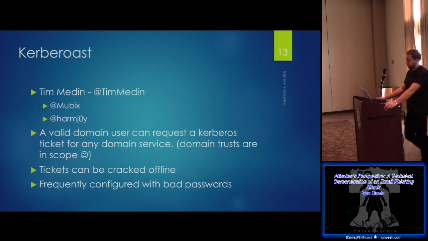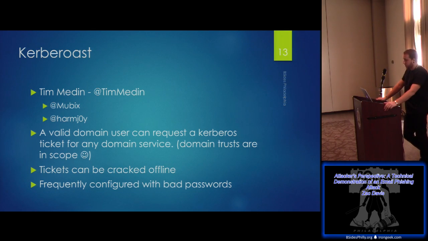And then this is straight from Mubix's blog. Basically, you're mapping a service running on a server to an account it's running as so that it can accept Kerberos authentication. So basically, when you have running service accounts and you tie it to a domain user, it needs to be able to authenticate to Kerberos. So that's what the service principal names are used for.